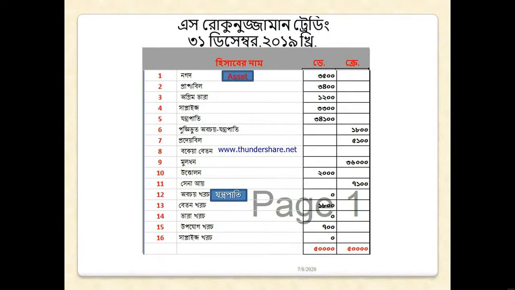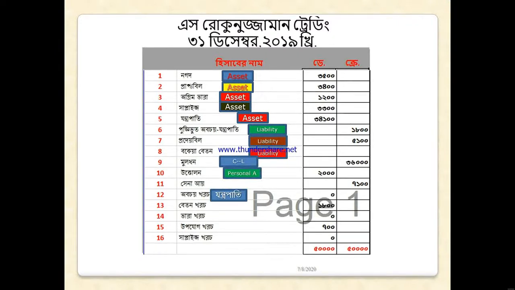So cash is an asset, accounts receivable also an asset, advance rent asset, supplies asset, machineries asset, accumulated depreciation also a liability, accounts payable liability, salaries payable liability, capital it is also called a liability from the point of view of the organization. Drawings it is a personal account. Service revenue it is called revenue or service revenue or income.